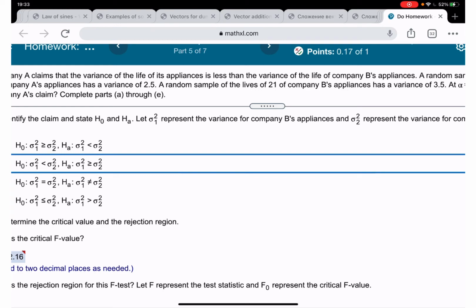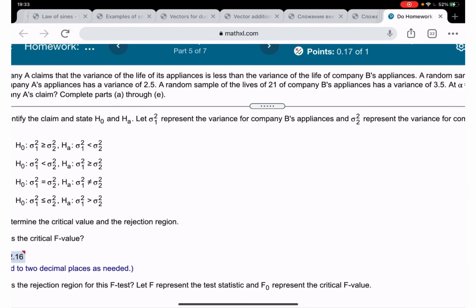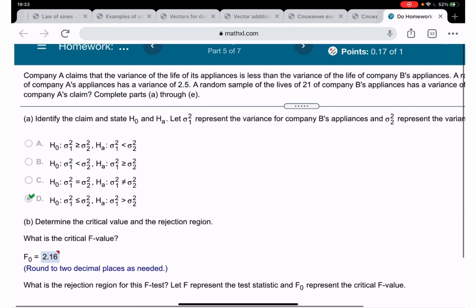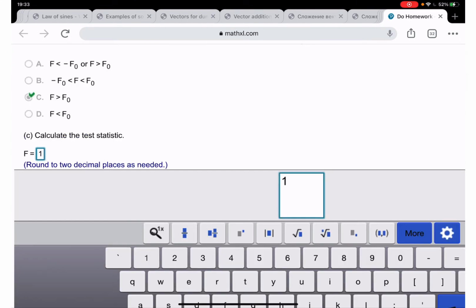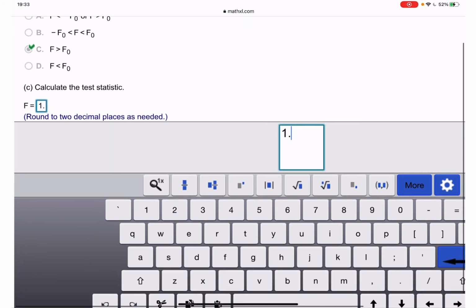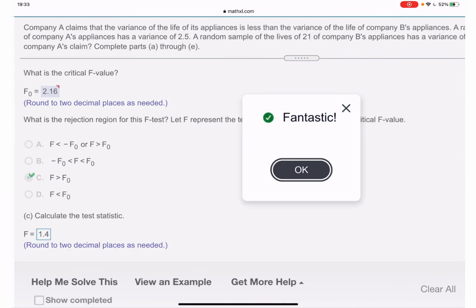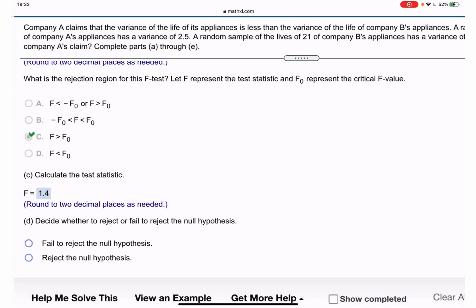And we are getting precisely 1.4. Let me write it down. Where is it? Oh, here it is, 1.4. All right, fantastic. What is next?